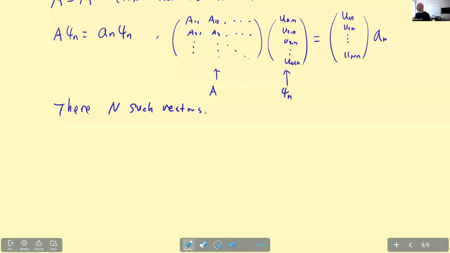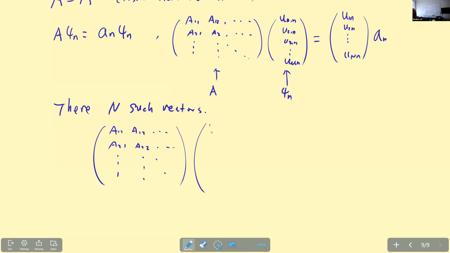Okay. So if I put all of them together, I can put A11, A12, A21, A22. I can put this. This is the first column, that's U11, U21, U31, and Un1, and U12, U22, U32, Un2, and this is U1m, and this is Umm.